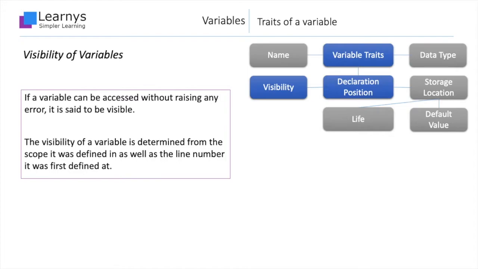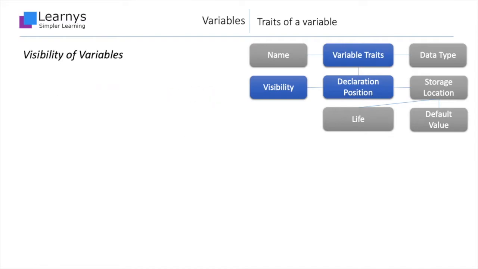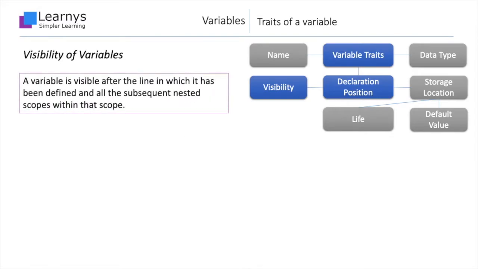The declaration refers to the process of indicating to the system an identifier with some meaning will exist somewhere in the program. A variable is visible, that is, available for access and manipulation after the line in which it has been defined and in all the subsequent nested scopes within that scope.